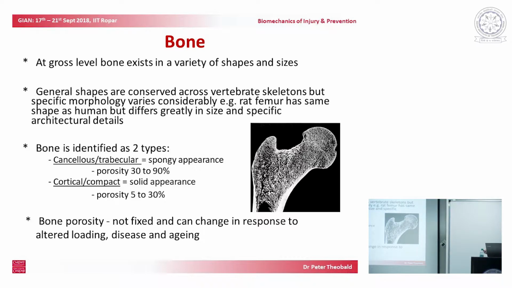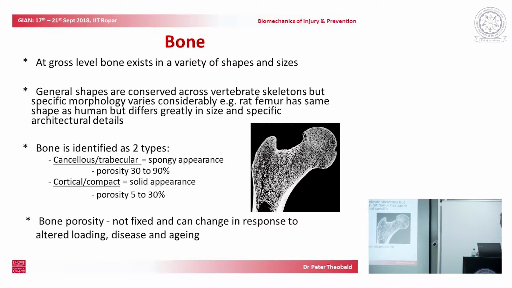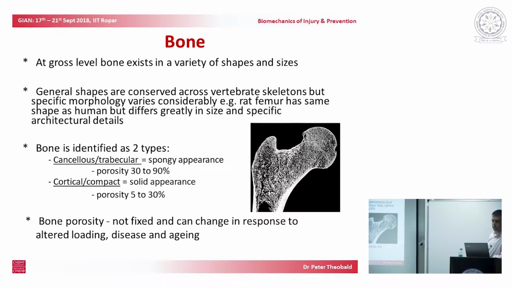We have insertion sites here for ligaments and tendons to stabilize the hip. But the key thing here is to realize that we have solid white on the outer edge, and we have a less dense material within it. This gives rise to what we'd term either cortical or compact bone. That's the bone on the outside, or the material on the outside of the bone. The spongy appearance within the bone is what we call cancellous or trabecular bone.